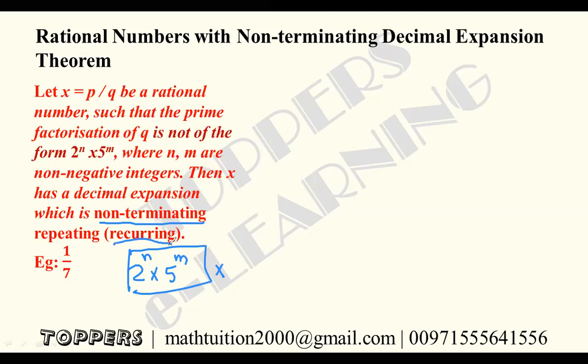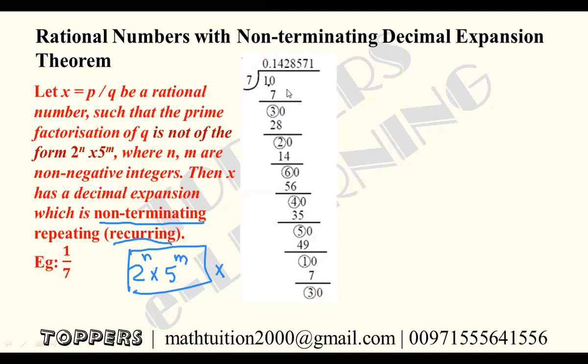Fine. So let us just divide 1 by 7 and see. When we are dividing 1 by 7, we will get 142857. So here 3, here 30, here again we have 30, correct?